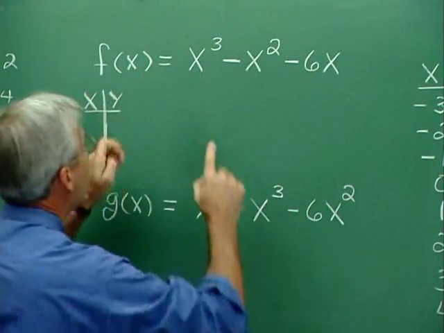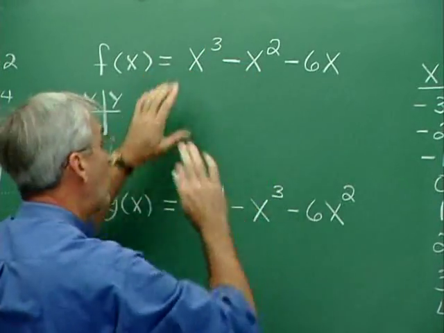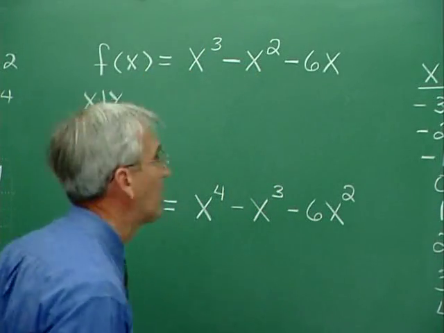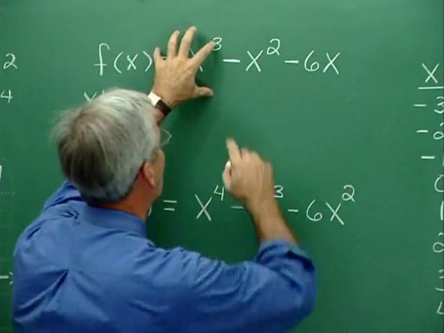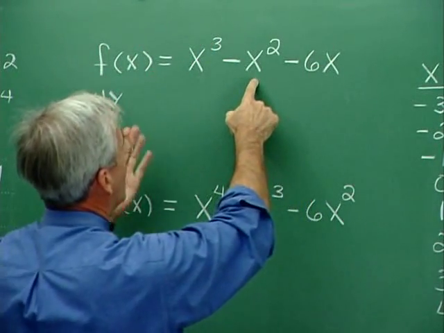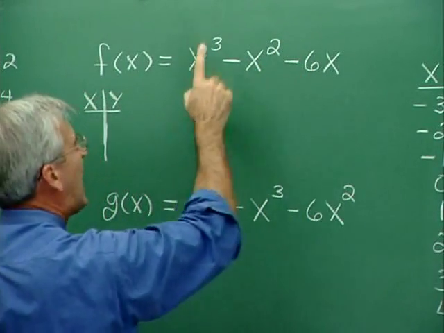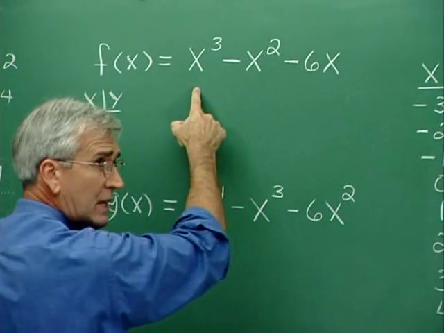For example, if this is 1,000, then 1,000 cubed is a really, really humongous number. And it is overpowering compared to these other terms, because this is only 1,000 squared, whereas here we had 1,000 cubed. That's nothing compared to the value of this.